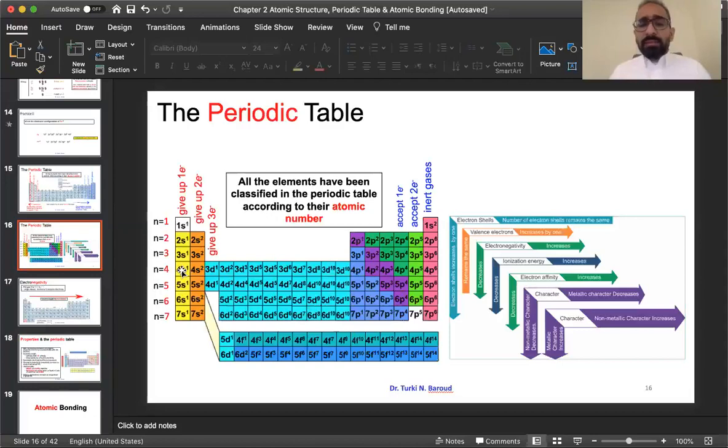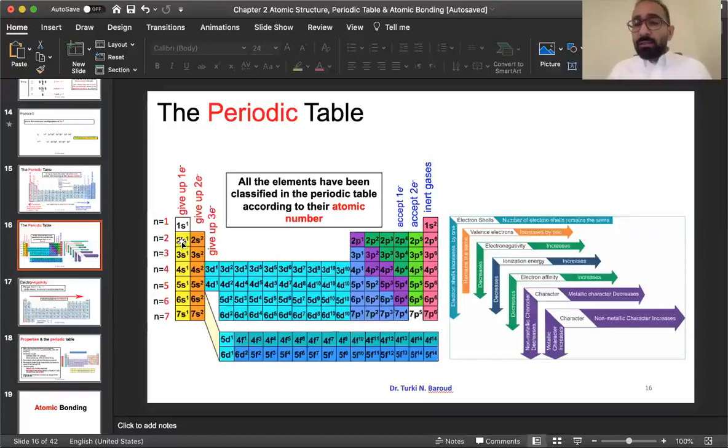Now, if you look to the far left in the periodic table, the elements here are willing to give up electrons. The reason is, let's take a closer look at the atom located at this square over here. It will have an extra electron.